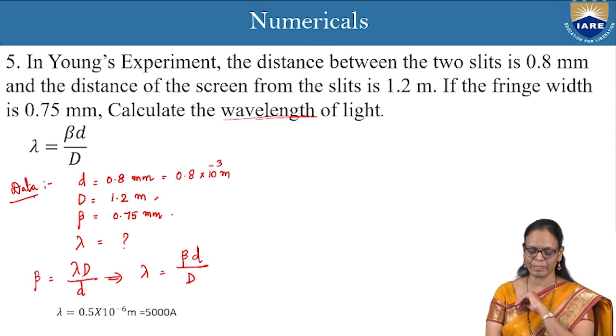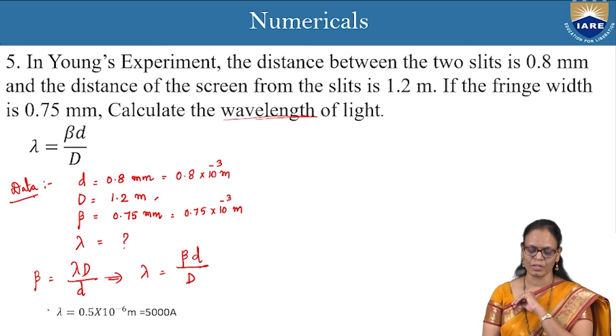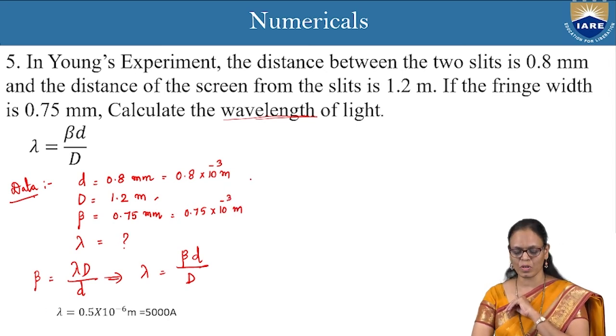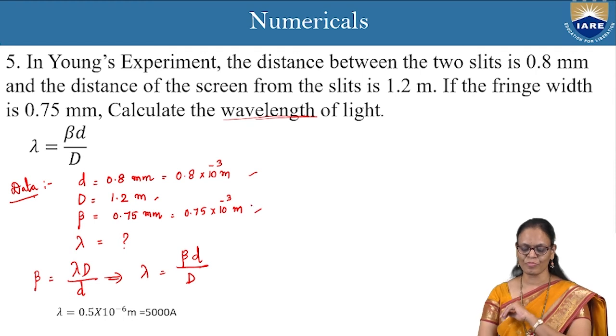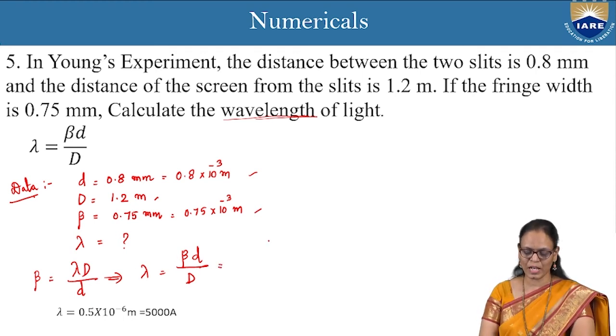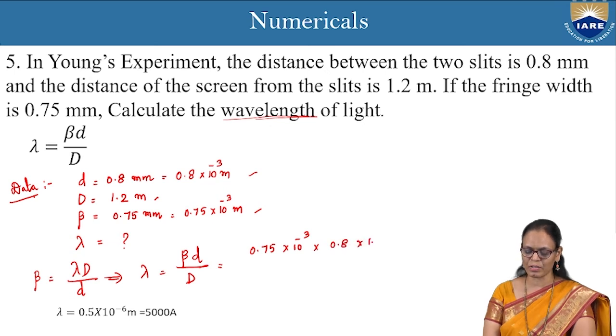This is again in millimeter, so 0.75 into 10 power minus 3 meter. Once we get the values of small d and beta, we will substitute and get the wavelength. So beta is 0.75 into 10 power minus 3, small d is 0.8 into 10 power minus 3, upon capital D, which is 1.2.